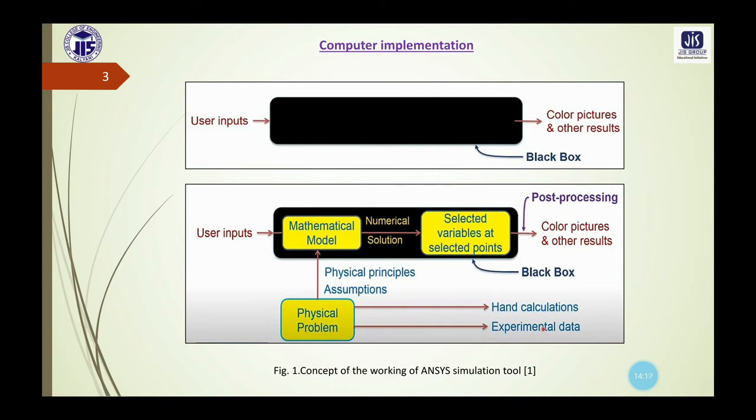So after the geometry modeling, we need to perform the meshing or the discretization. Then in the user input, we need to provide some boundary conditions and some material properties. So these are some user inputs that we need to provide in this black box. And all these inputs, these are based on this physical problem.